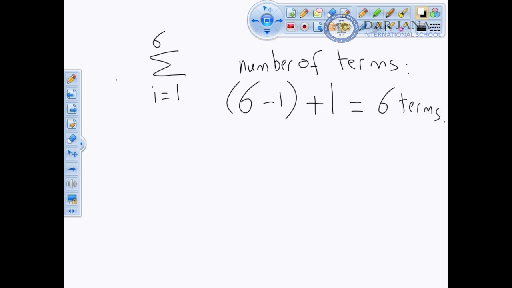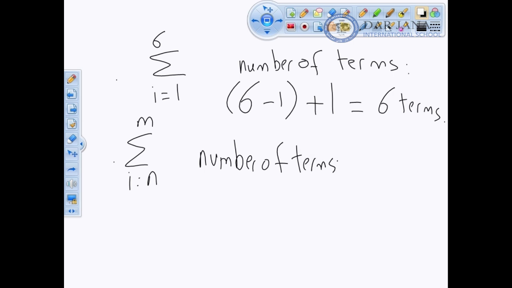In general, if you have i from n till m, the number of terms in this series is m minus n plus 1.